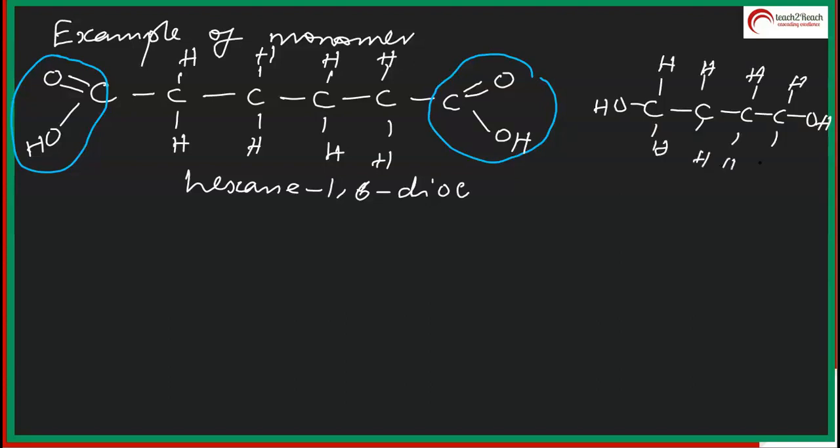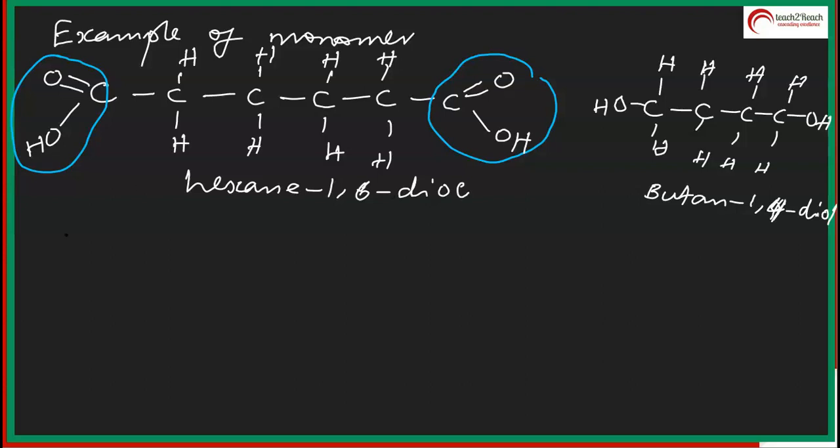But I have 2 OH groups, because don't forget we need 2 hands, because the formation here is not breaking a bond, it's at the edge where they keep attaching to one another. So this is butane-1,4-diol. Can you see that? Diol. Okay, that's an example of a monomer.